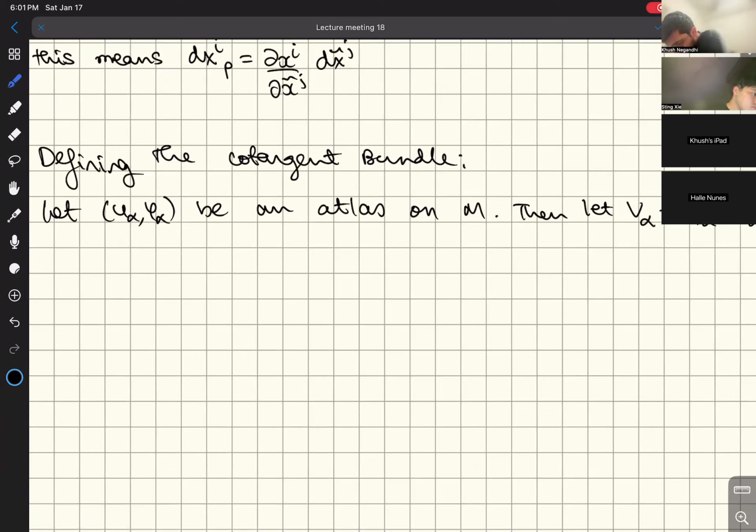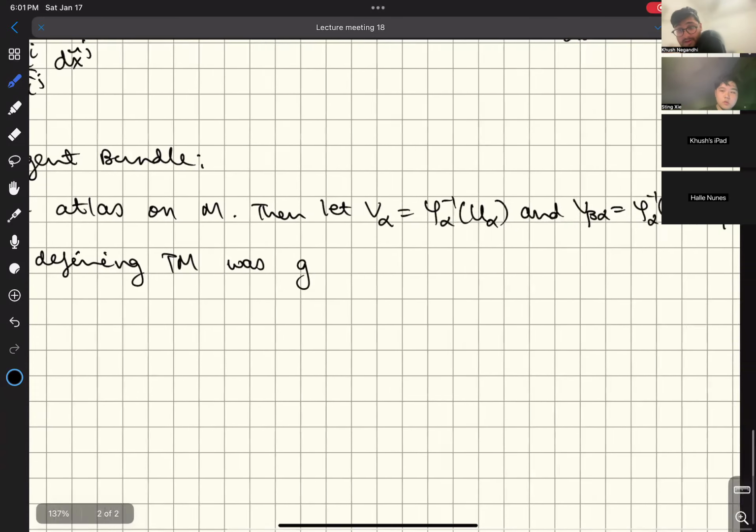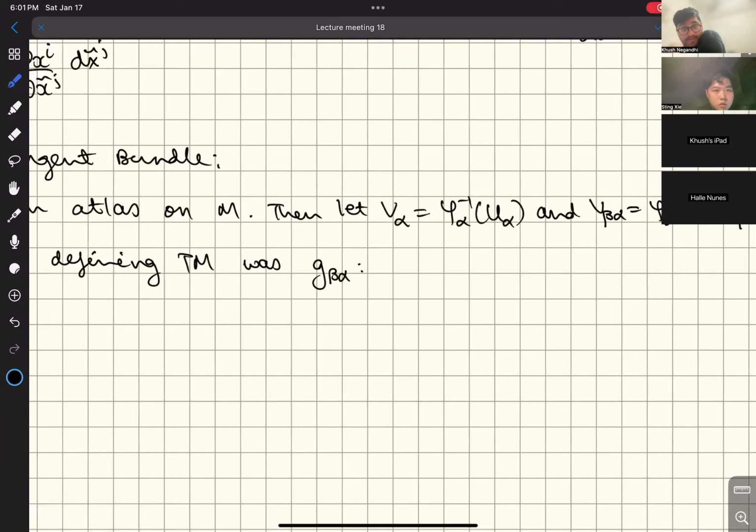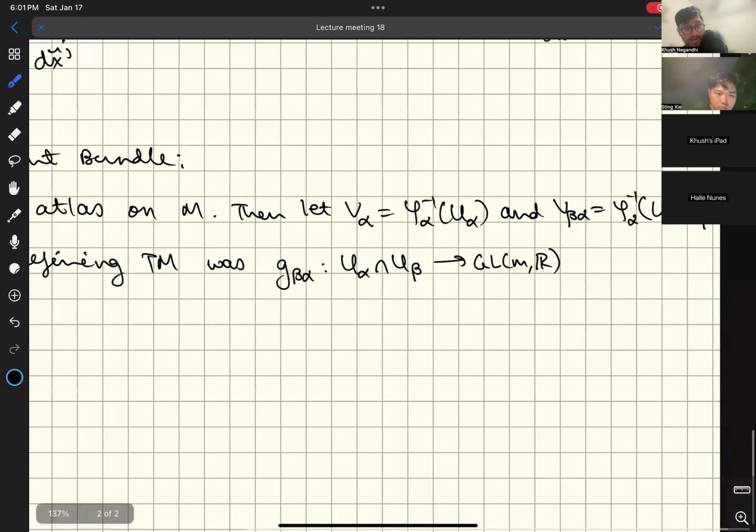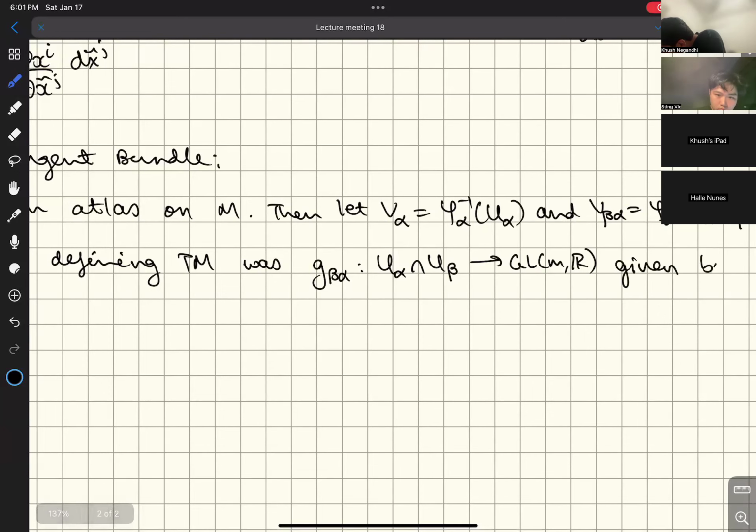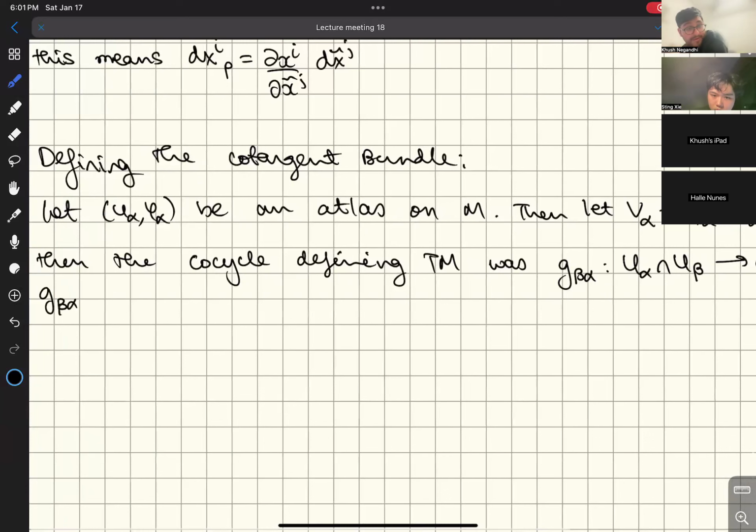Then the cocycle defining TM was g alpha beta from U alpha intersect U beta into GL(n, R), given by g beta alpha of a point x was nothing but D psi beta alpha composed with phi alpha.